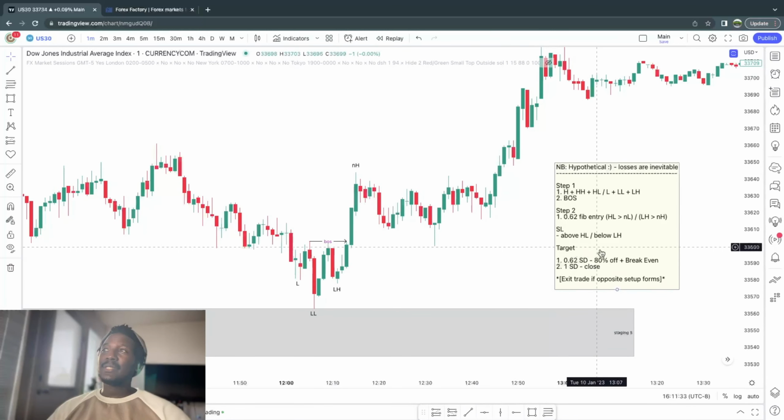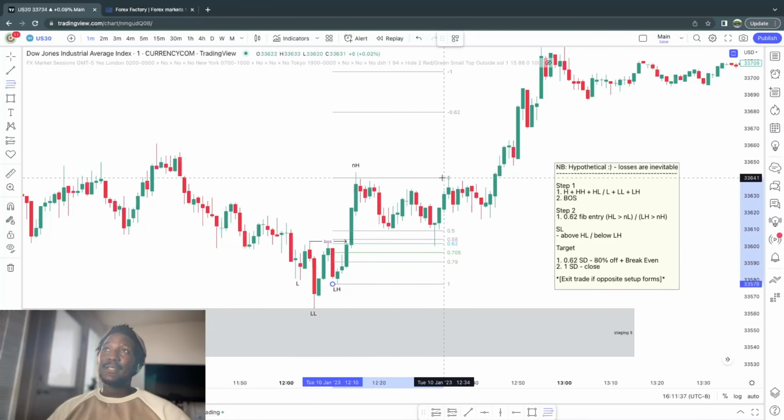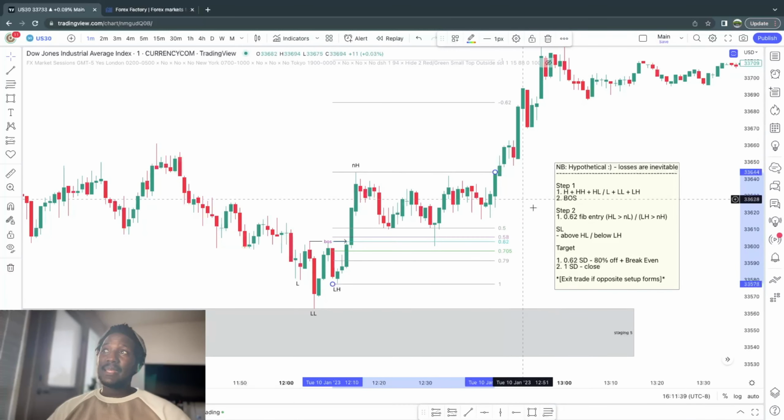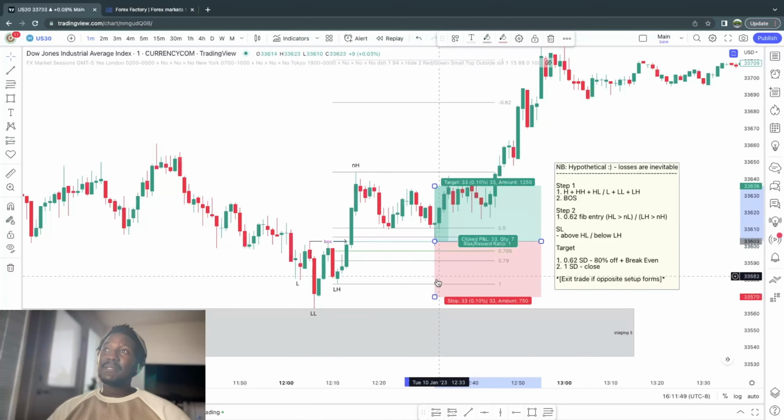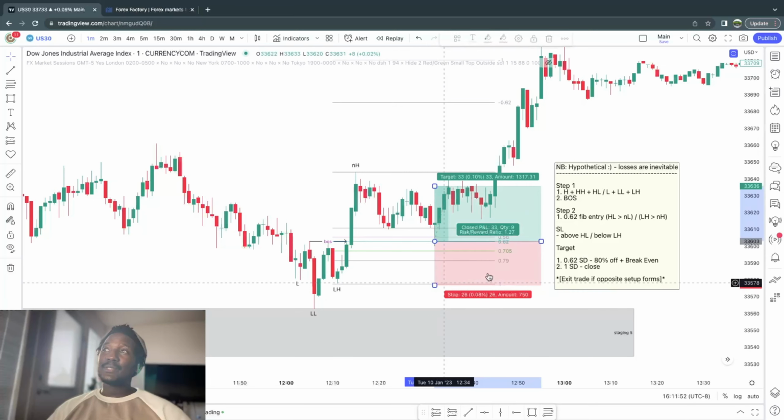When that happens, we now set up our trade, where we take our fib from the lower high to the new high, as it says on step 2 right there. Our entry is going to be at 0.62, which is our entry would have been right there, and our stop loss goes below the lower high, at or below.